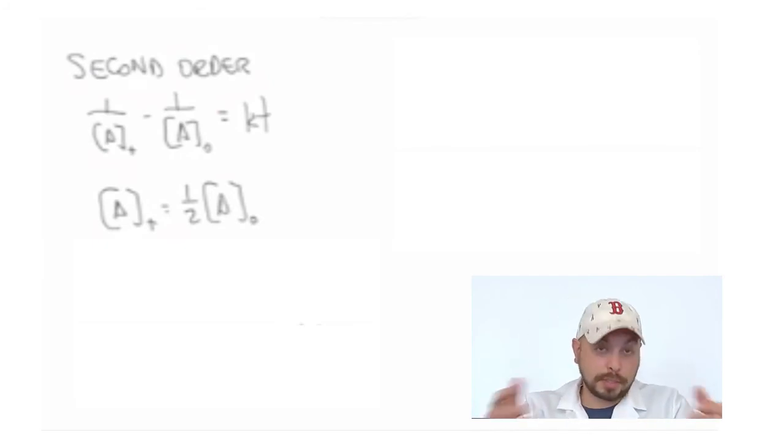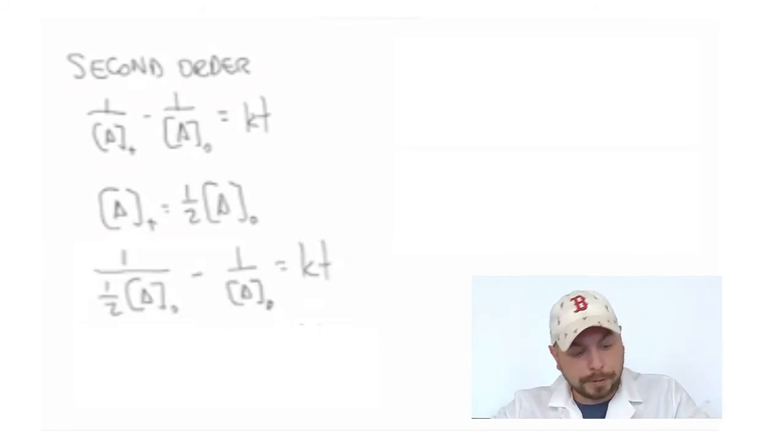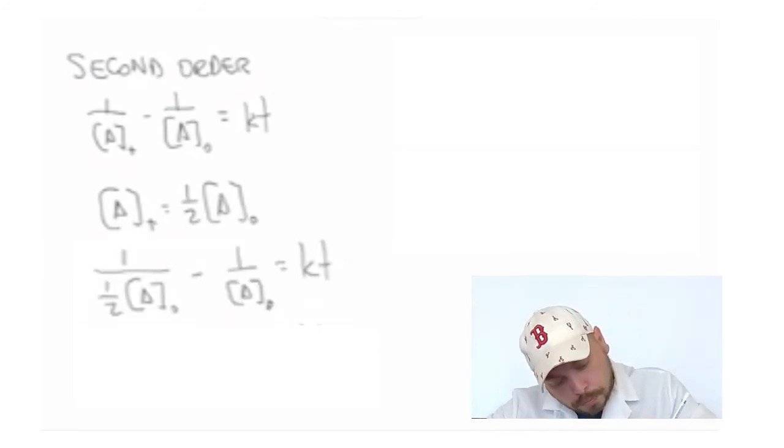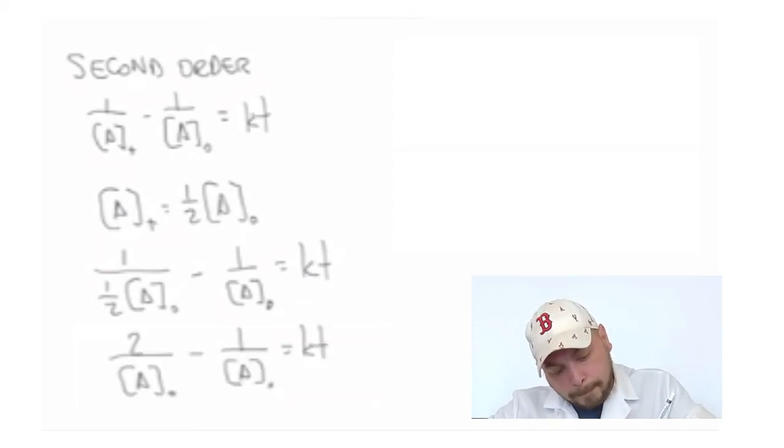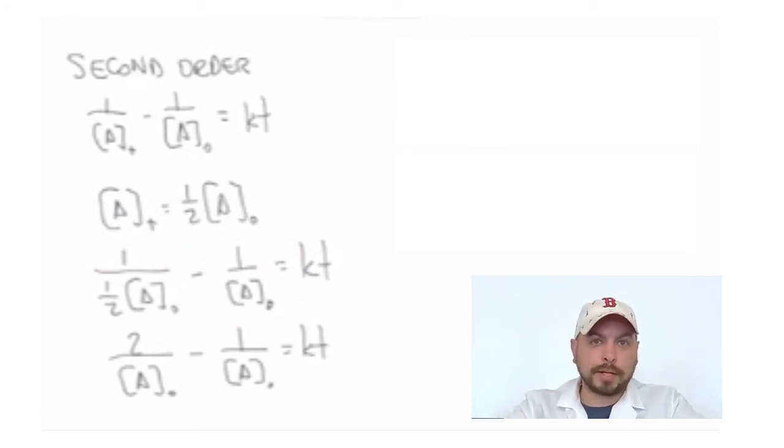Now, if we simplify this, it's 2 over initial concentration. Now, recognize that we have a common denominator here, so we can just subtract. That means kt is equal to 1 over the initial concentration.